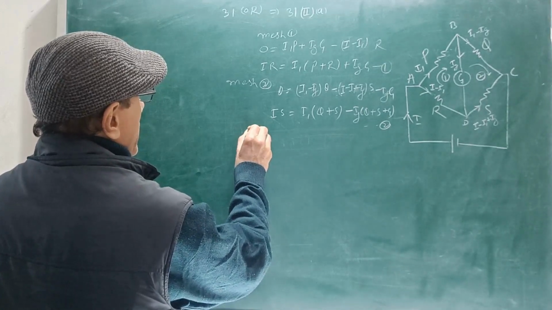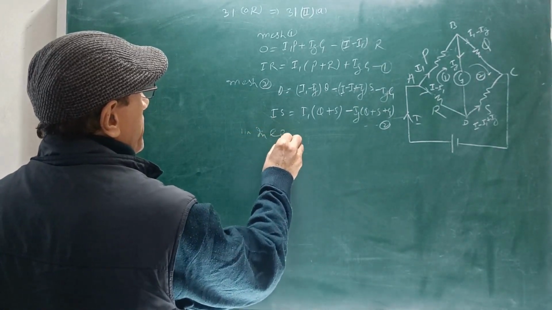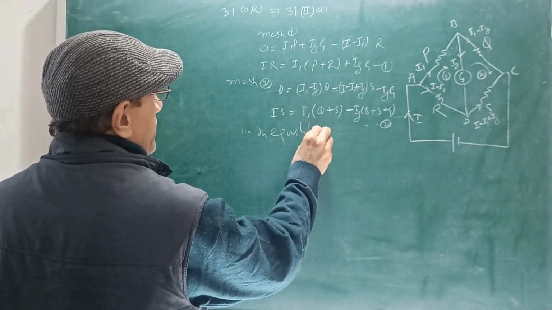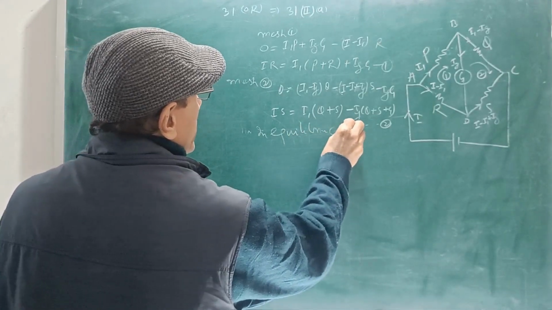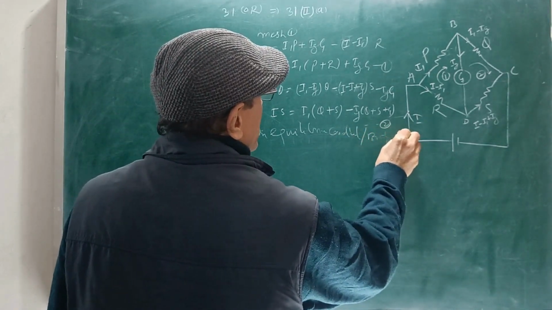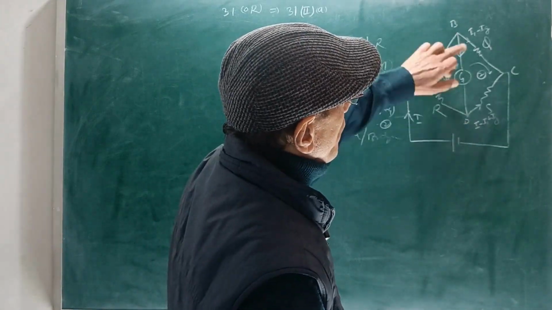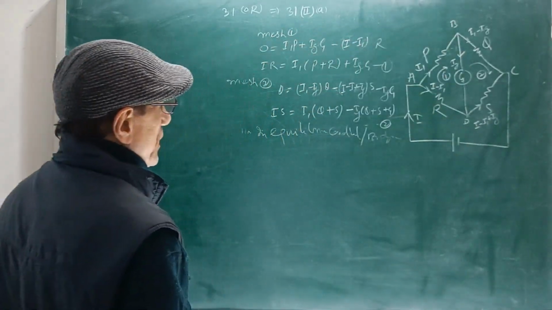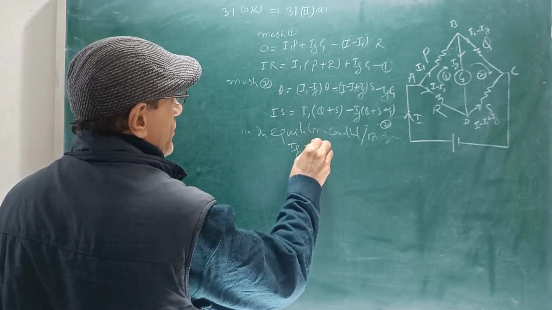Now in equilibrium condition or bridge condition. Bridge condition means when no current will flow from B to D. So that time Ig will be 0.